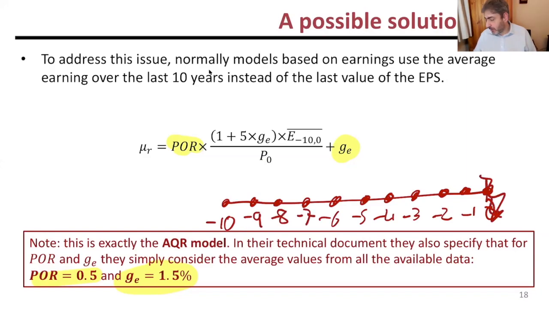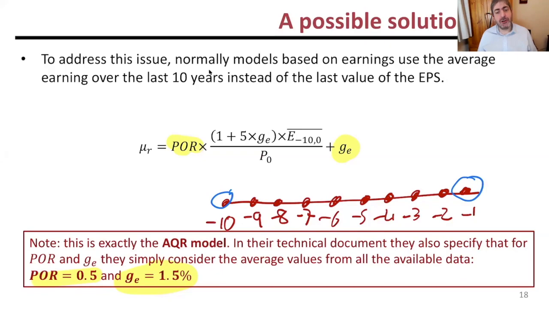I do the average of these 10 numbers. Now, what they say is that this average is old because this number is very recent, but this number is very old. So on average, these earnings are 5 years old.